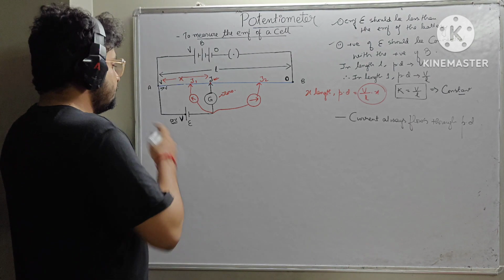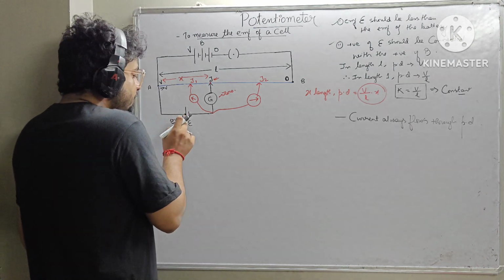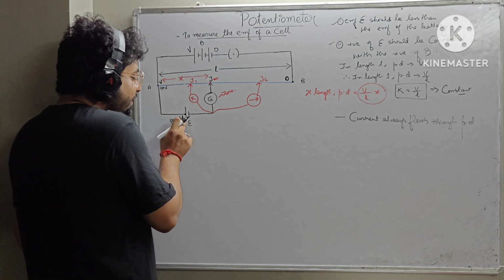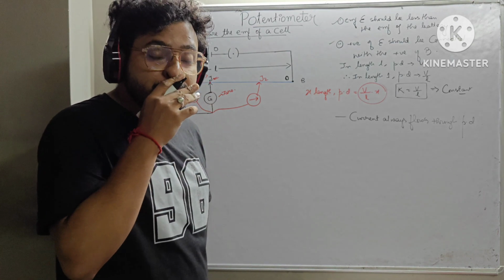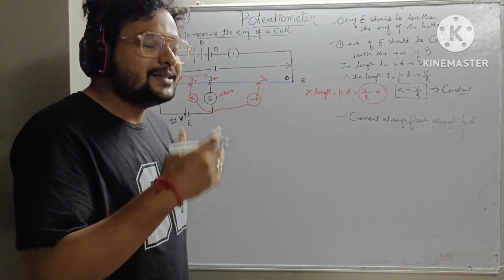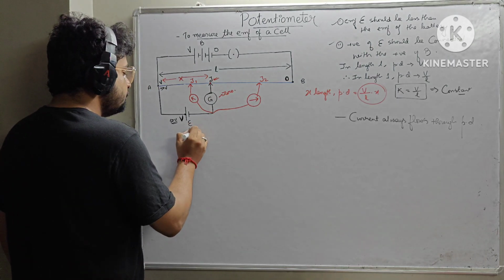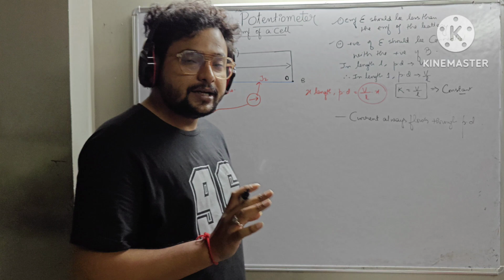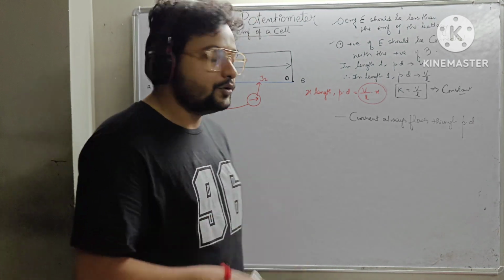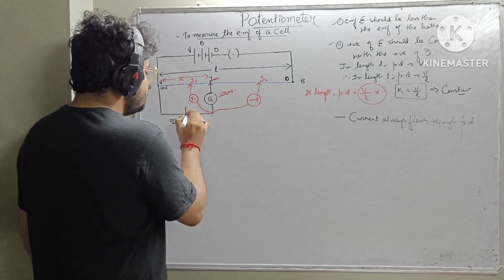Okay. Now once you cross the battery, if you are going from the higher potential to the lower potential, there will be a potential drop. How much will be the potential drop? The EMF of the cell. Suppose the EMF of the cell is 20 volt. Suppose you need to find out this value. Suppose for now I am considering that the EMF of the cell is 20 volt. So 50 minus 20 will give you 30 volt.